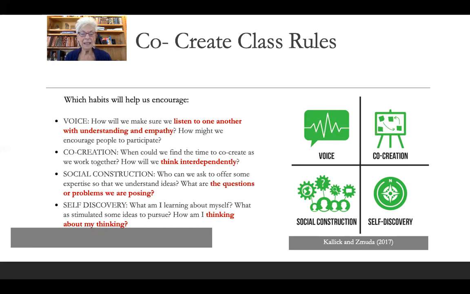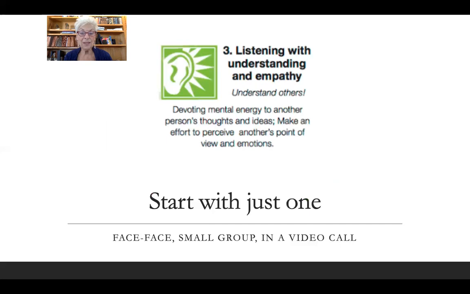So co-creating class rules can be a very profitable way to make the habits very prominent. Even little ones understand them. But you could start with one. For example, just start with listening. Listening is central to our class rules.